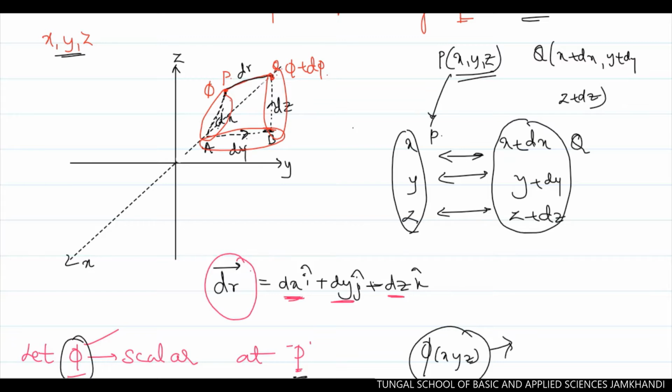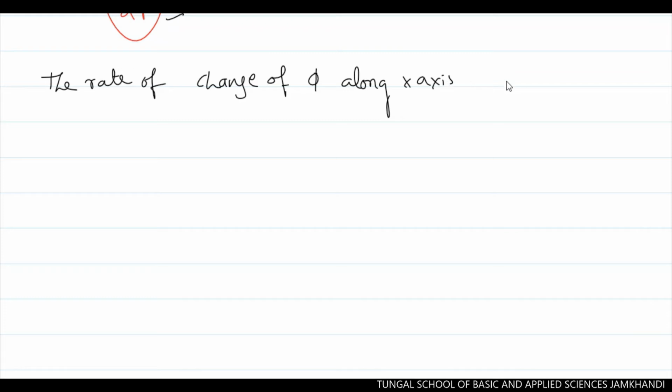Now the rate of change of the function phi along the x-axis is given by dou phi by dou x. This tells about the variation of the scalar function phi along the x-axis, as we have already discussed yesterday, right?